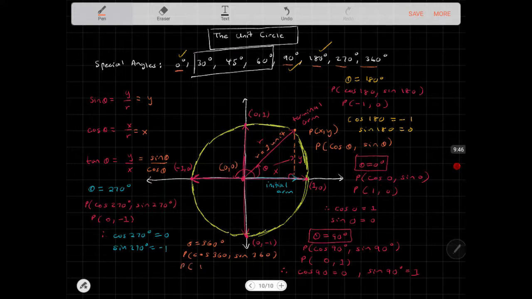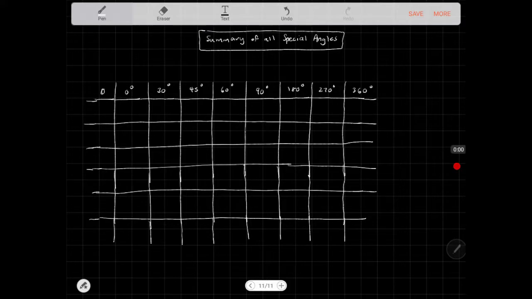This is equivalent to 1 and 0. So cosine 360 is equal to 1, sine 360 is equal to 0, and this is the same as cosine 0 and sine 0. Those are the values of our respective special angles, 0, 90, 180, 270, and 360.